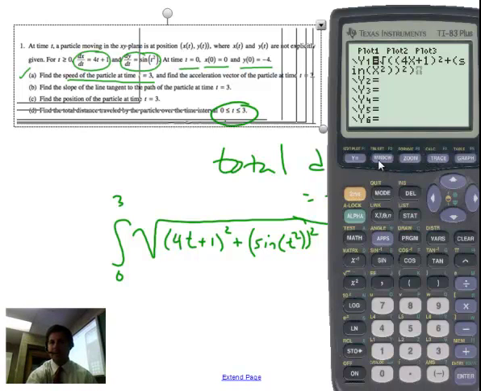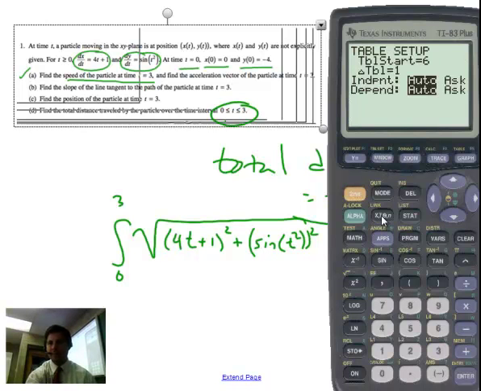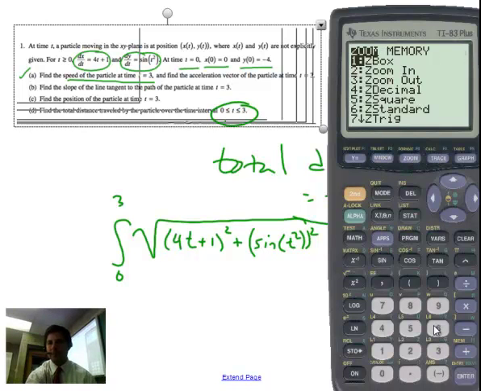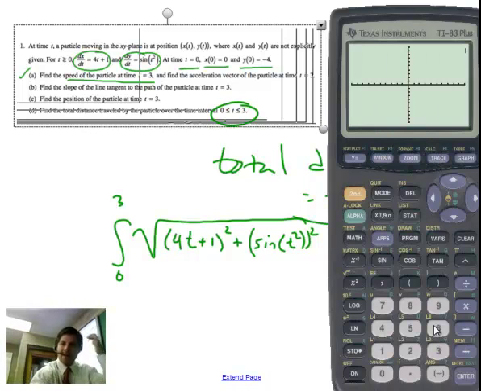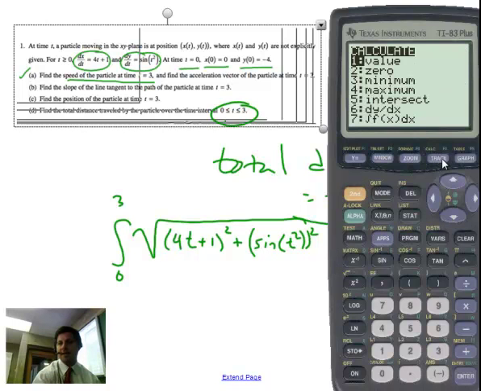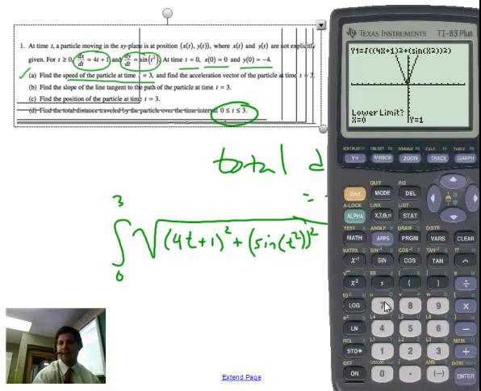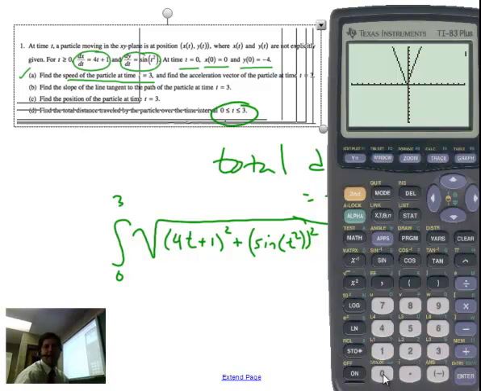I think that's good. And we want to integrate that from 0 to 3. So second calc, integration, from 0 to 3. When it integrates, that will give us the arc length, which is the total distance traveled, 21.1.